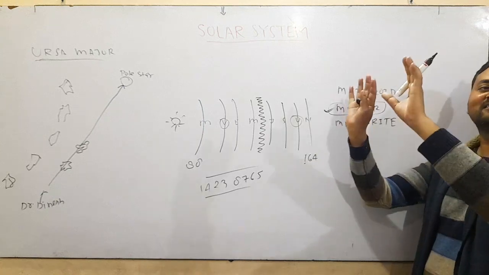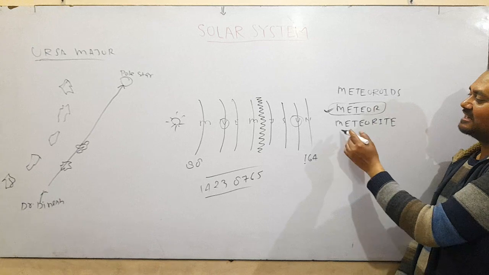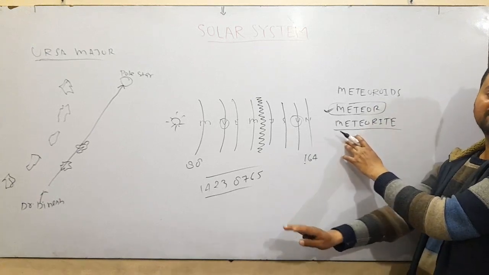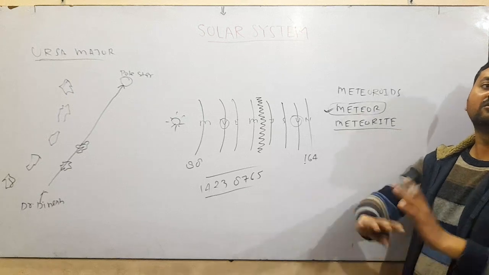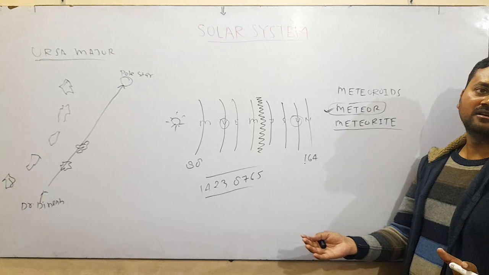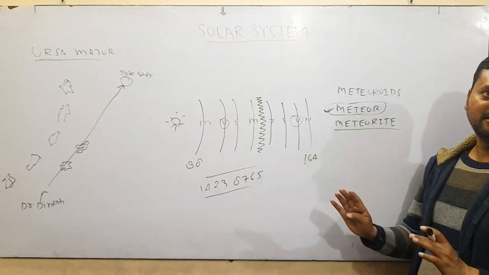They surrender in between. But some of them get success and finally reach the earth's surface and collide with it and can generate a big hollow space, structures like Lonar Lake in Maharashtra.